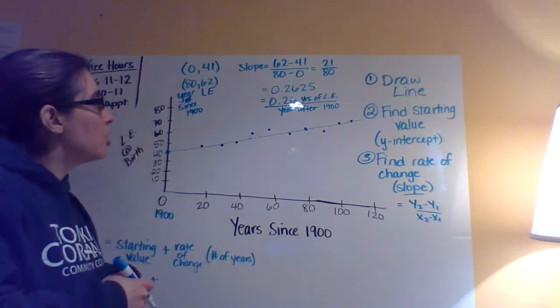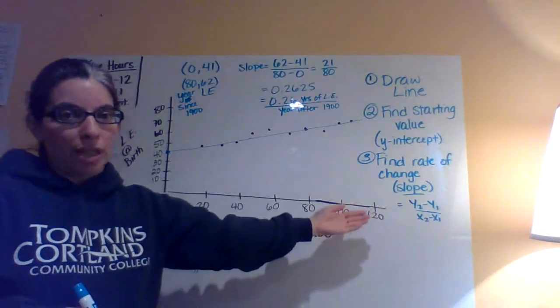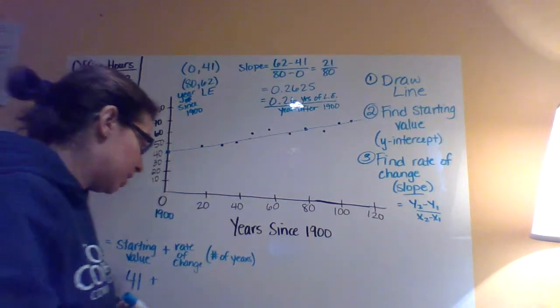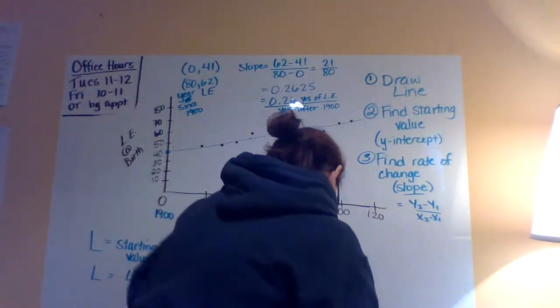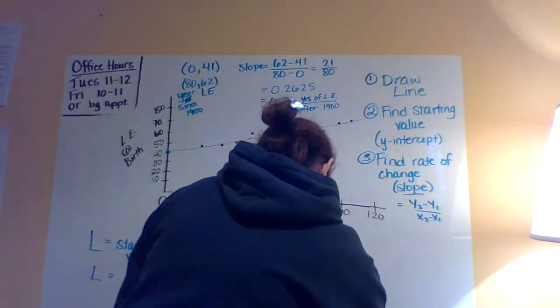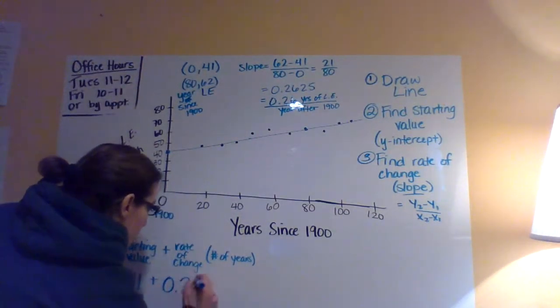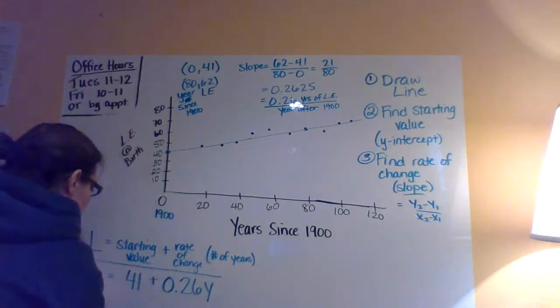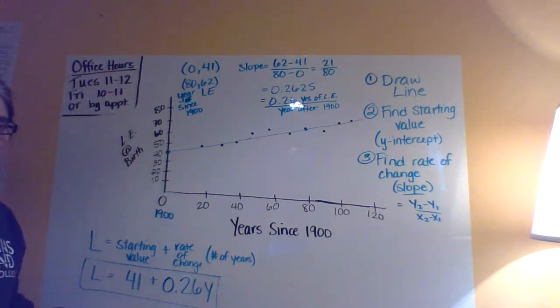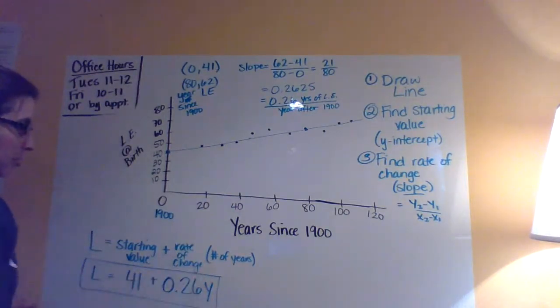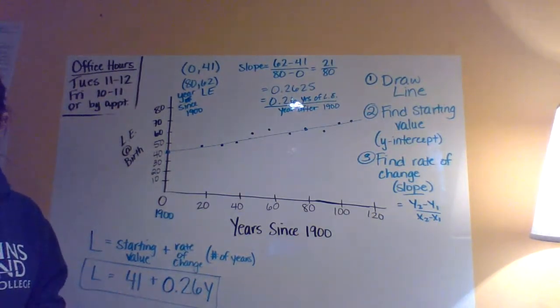Okay? So this is what we need to do if we're given a graph, to find that rate of change. Now, number 2 says, in what year will African American male babies have a life expectancy of 75 years? So I have now my linear model. And this brings us back to what we did with our blood alcohol content. We have 2 pieces of information, life expectancy and number of years since 1900 that the baby was born.